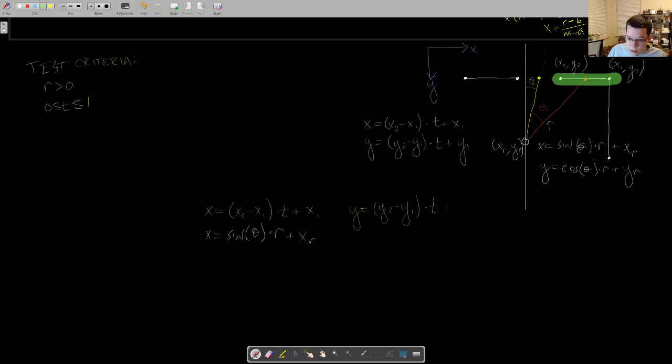Times t plus y1, y equals cosine theta times r plus yr.